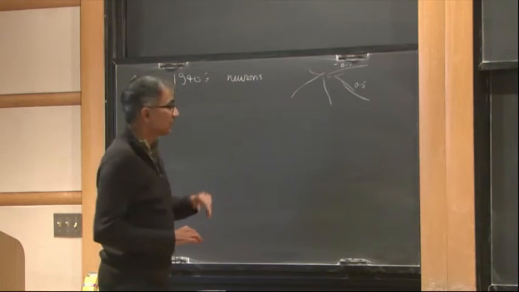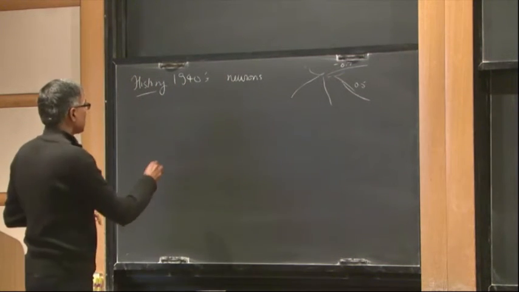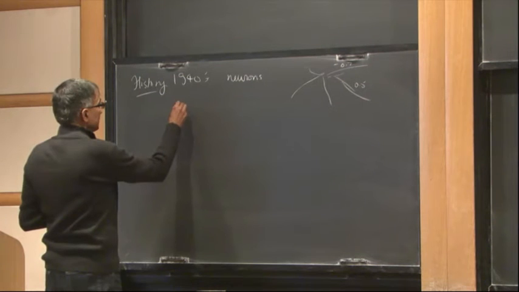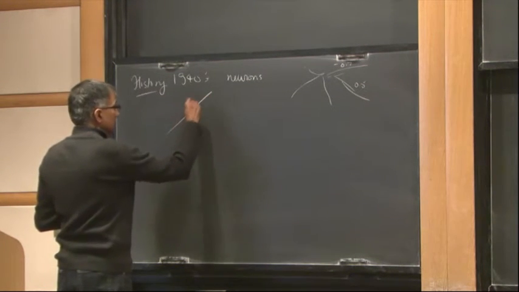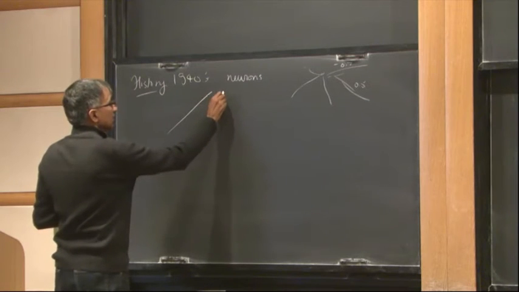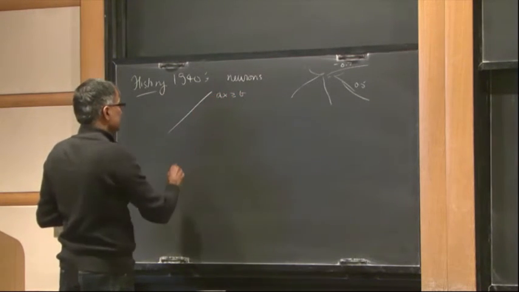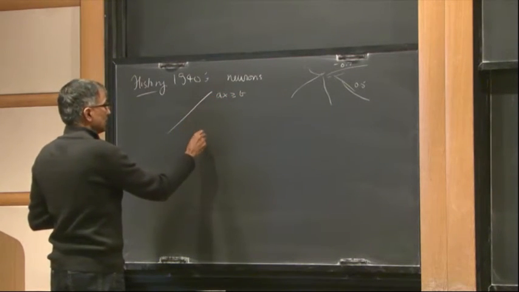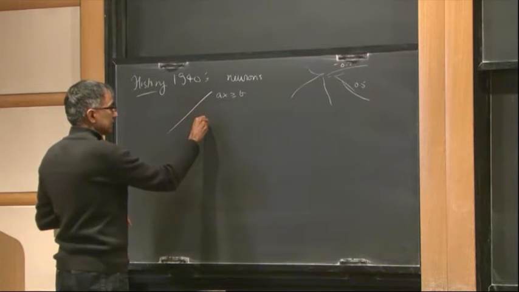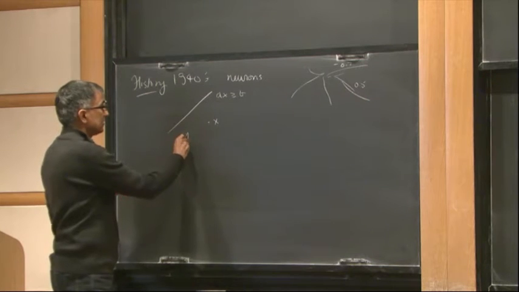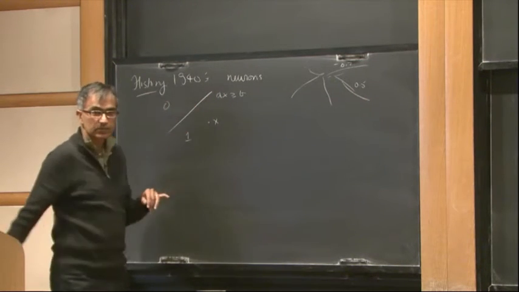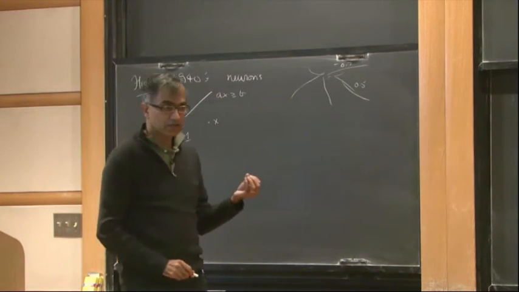That was the simplistic model, and based on that, McCulloch and Pitts proposed a learning model called the perceptron, which is just a half space, ax bigger than or equal to b. Your data point is some x, and it's a 1 if it satisfies that and 0 otherwise. So it's a simple classifier, a linear classifier.